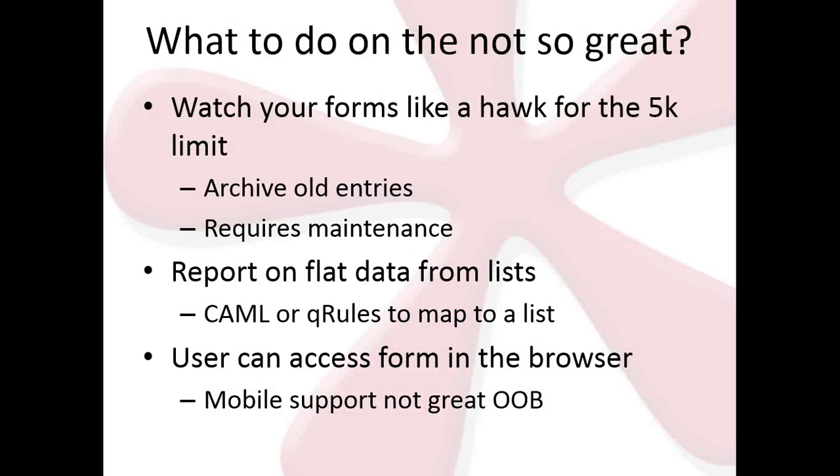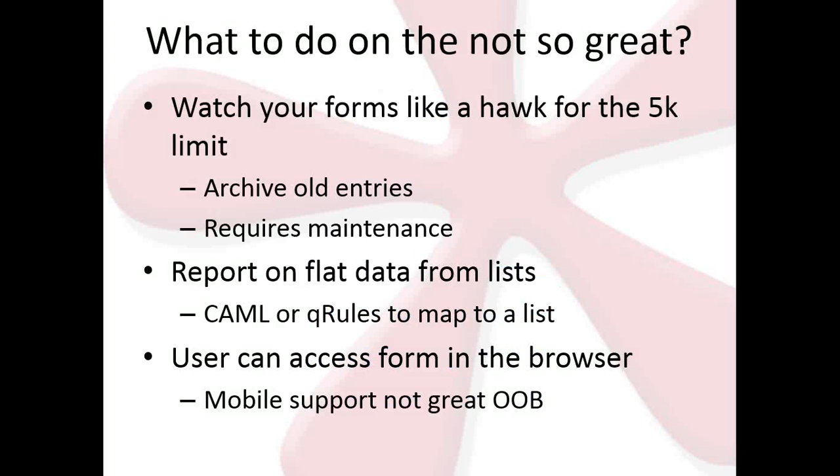And the same goes for reporting on flat data from lists. So in InfoPath, if you have any reporting that you need to do on repeating items, you can use something like Camel, which is a method to flatten your data and send it out to sync with a SharePoint list. The problem there can be that it gets a little bit complex to set up, and there's not very good ways to debug when something goes wrong.